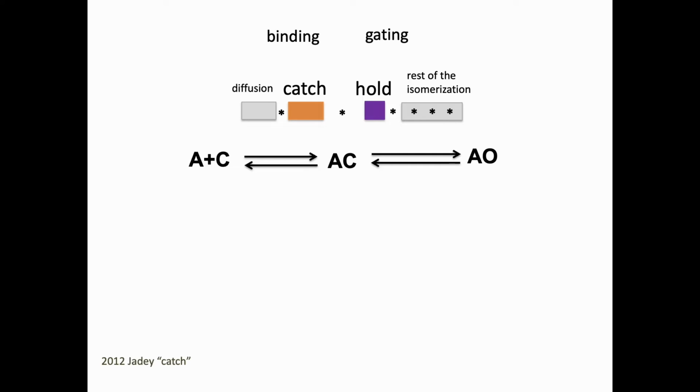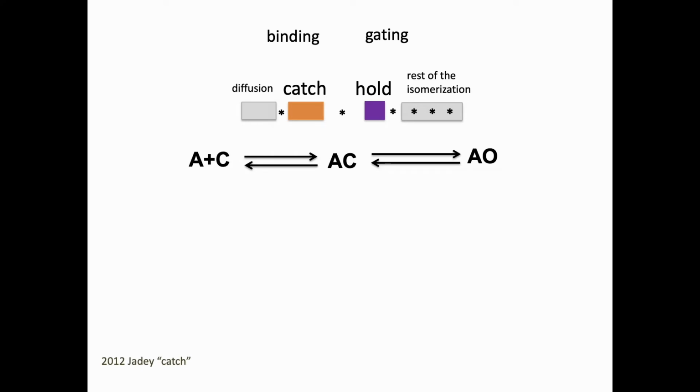Now I'm going to propose there is another intermediate state in the binding process that separates diffusion and a conformational change that leads to the low affinity state AC, and I'm going to call that event catch.